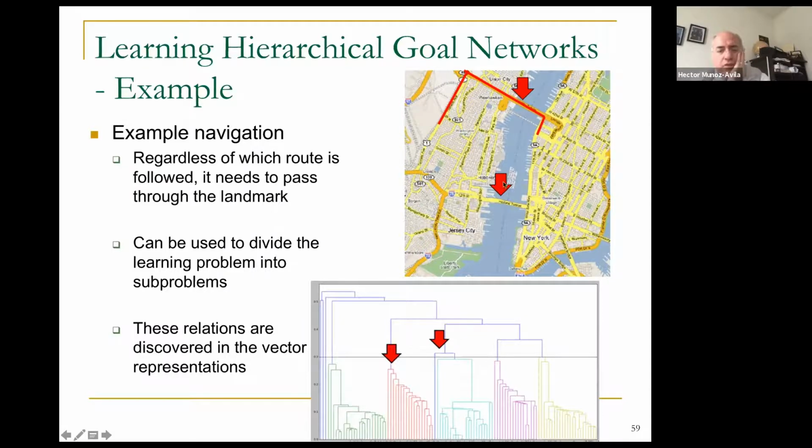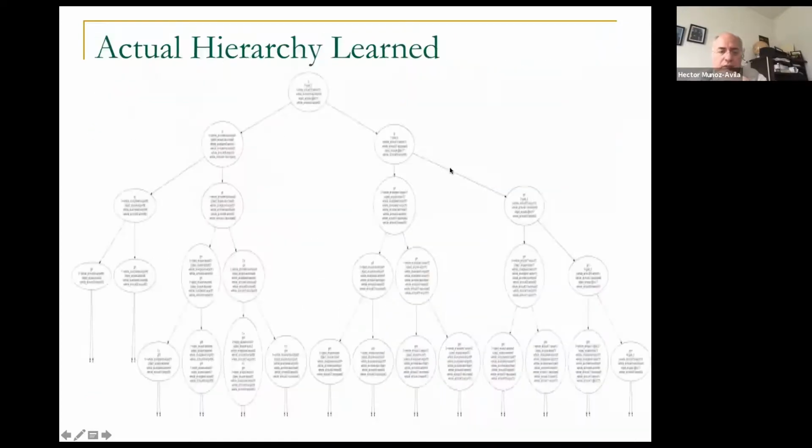And you can continue recursively for each of these clusters, zoom in, do something like agglomerative clustering, and then you will continue finding new sub-goals within those. And now you have a hierarchical structure of the domain based on the goals.